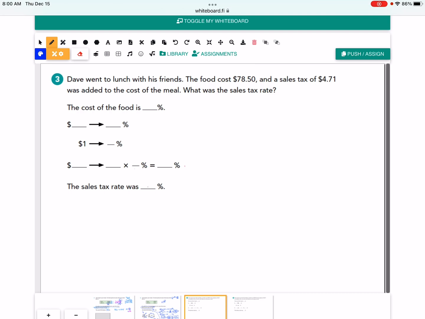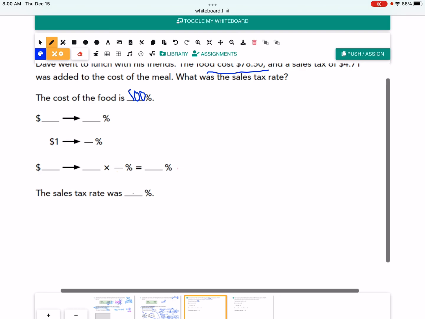Okay, so let's go ahead and get started here. The cost of the food is 100%. That's our base, $78.50. So $78.50 is 100%.